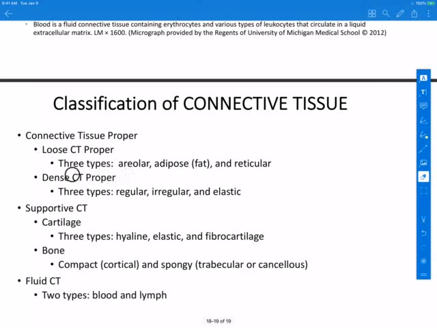And then the dense connective tissue, which has densely packed protein fibers, and that includes regular, like tendons, irregular, like the dermis, and then elastic, which you find in the aorta. Supportive connective tissue includes cartilage and bone, and there are 3 types of cartilage, 2 types of bone, and 2 types of fluid connective tissues.